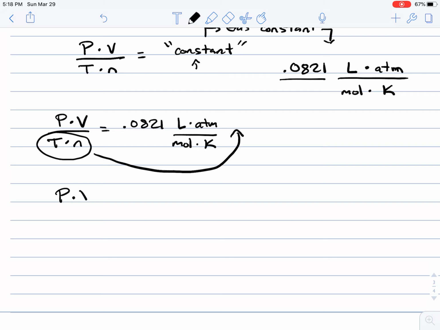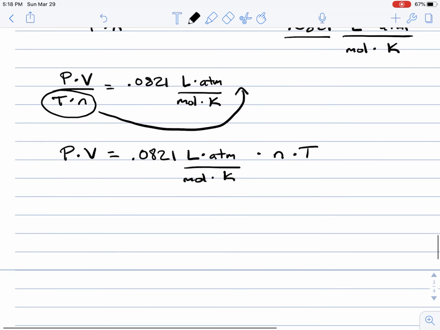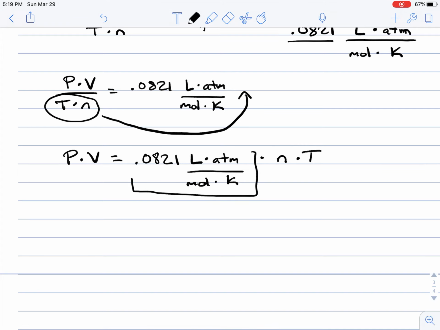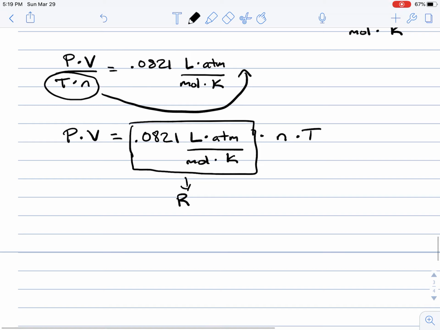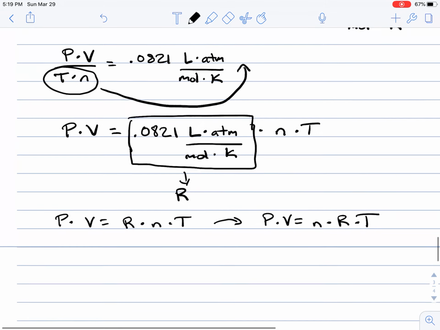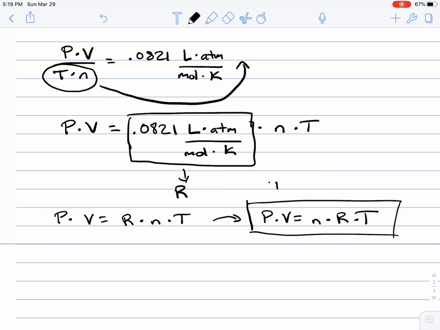What we get is P times V is equal to 0.0821 liters times atmosphere over mole times Kelvin, times N times T. This gas constant can be substituted by a specific variable known as R. So if I modify my equation, I get P times V is equal to R times N times T. Now, the most common way this equation will be presented is P times V is equal to N times R times T. And this equation is known as the ideal gas law.